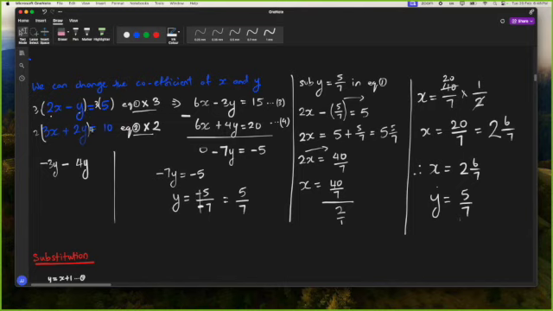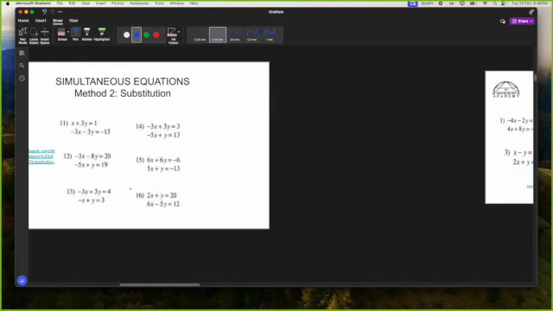The whole point was that when you can't eliminate anything because the coefficients are not the same, you could make the coefficients the same by multiplying. If I wanted to, I could have chosen to make the coefficients of y the same as well. I would have multiplied this equation by -1, and I would have multiplied this equation by number 16.